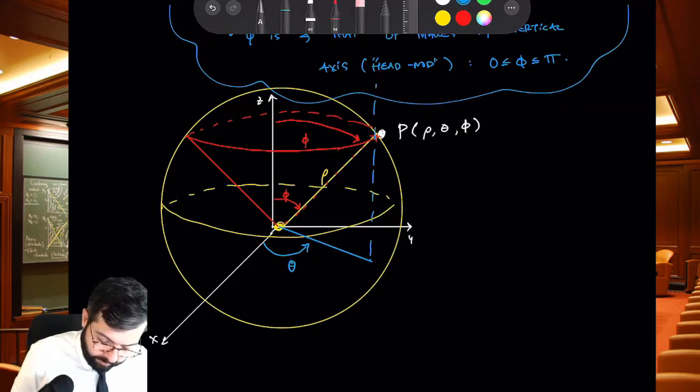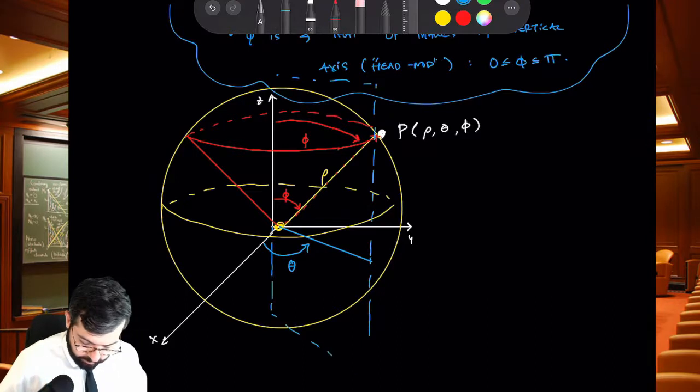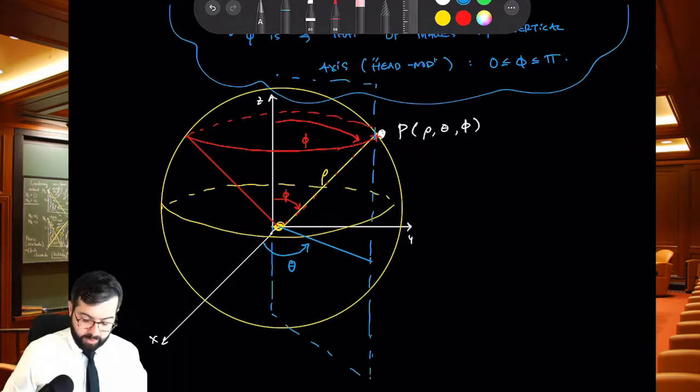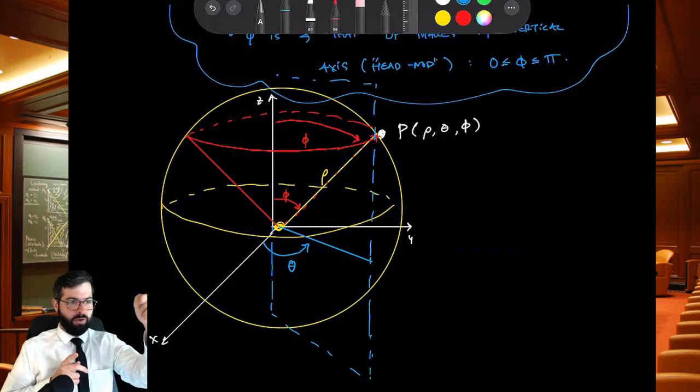And again, here we say it forms a half plane, because rho shoots outward in one direction from 0 to the point.